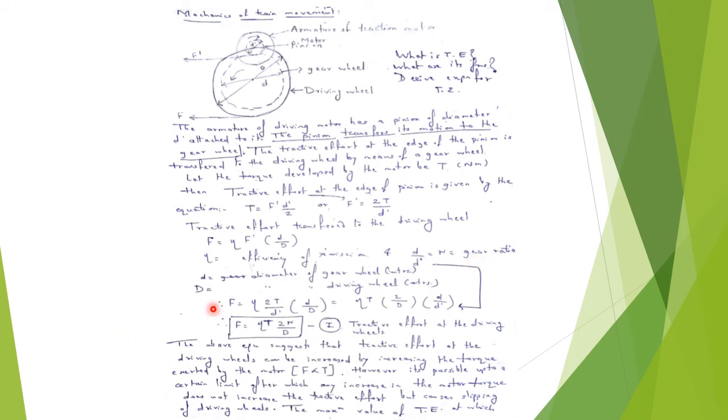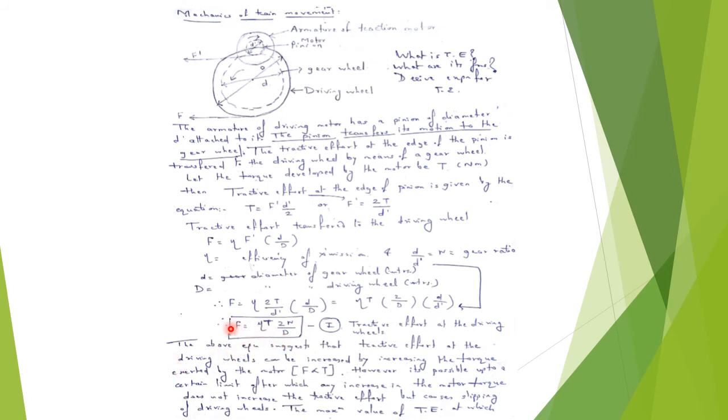Putting down all the values, F, the tractive effort transferred to the driving wheel, is equal to eta into 2T upon D dash, putting the value of F dash here into the bracket small d upon capital D. In other words, I can write the final equation as F equal to eta, the efficiency of transmission, into T, the torque developed by the motor in Newton meters, into 2 gamma, the gear ratio, divided by capital D, the diameter of the driving wheel.